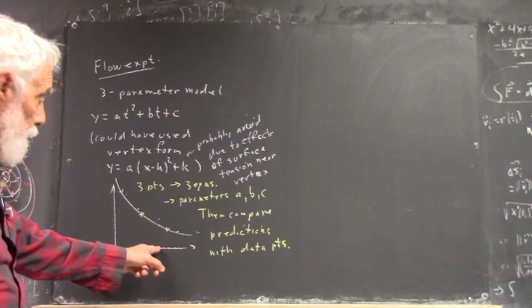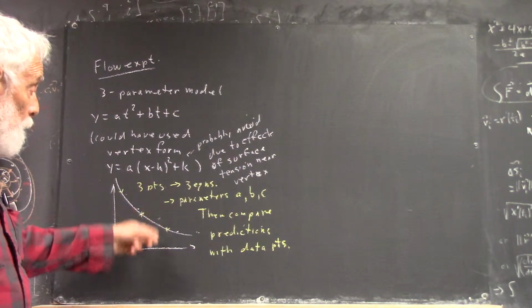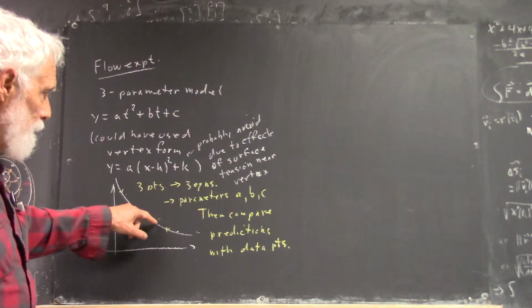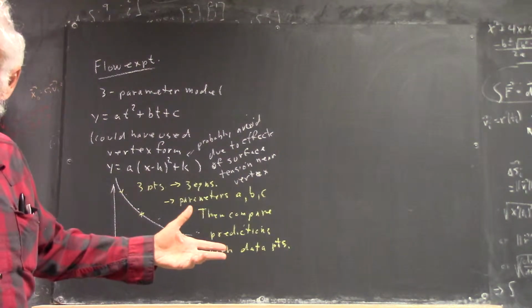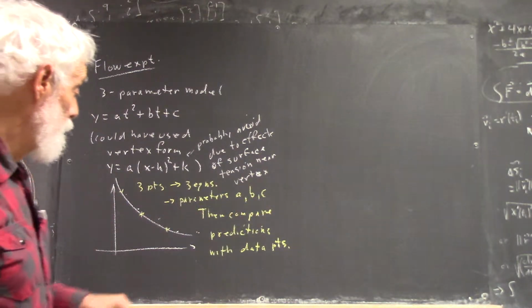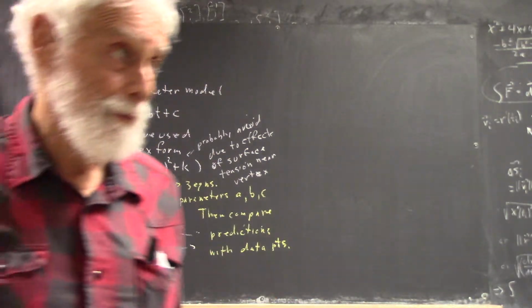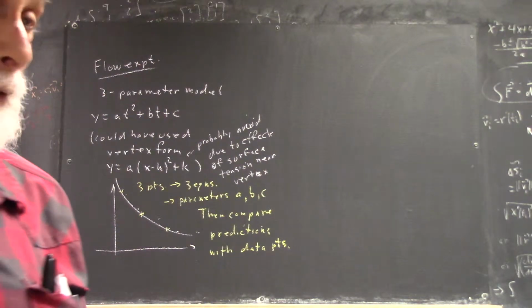Take the t-coordinate of this point, plug it into the model, and see what it predicts for your y value. If the curve is really like this, the observed value is a little higher than the actual y value, right? And you note that. And you kind of do a little statistics with that, very little because we're not doing statistics in this course, but I could ask you to make some comparisons, okay?